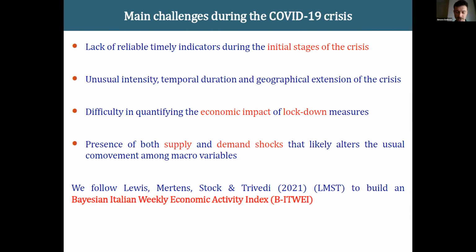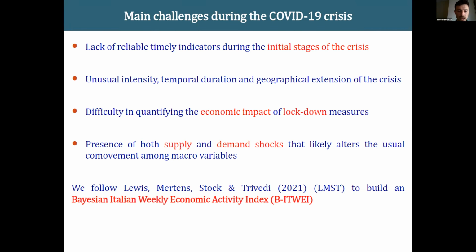These variables are in the nowcasting toolbox of all central banks, but they had the great idea of looking at them more frequently. So not using these high frequency variables at the monthly or quarterly level, but looking at them via a model very frequently.